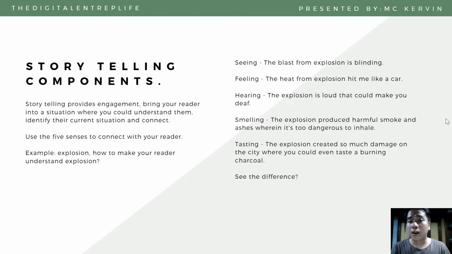Another example, I'm going to use the sense of hearing to engage my reader. The explosion is loud enough to make you deaf. I use the term loud because loud is a word associated with the sense of hearing, and the word deaf is also associated with hearing, because it refers to people who don't have the ability to hear, right?